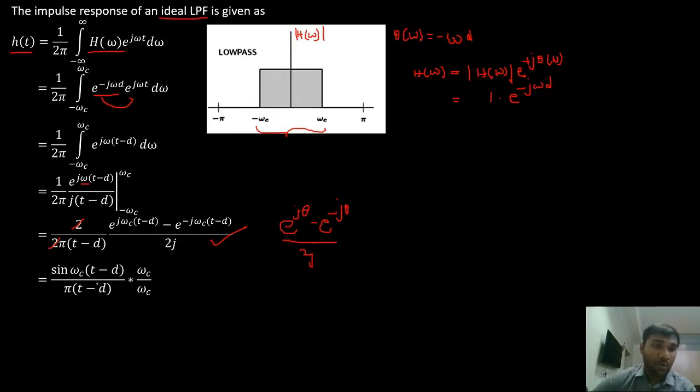Now I want to write this sine function in terms of the sampling function. What is the sampling function? Sampling of t is nothing but sine t by t. Whatever I have as my argument in sine, I should have the same thing in the denominator. So to get the same thing in the denominator, I am multiplying this whole term with omega c and dividing it with omega c.